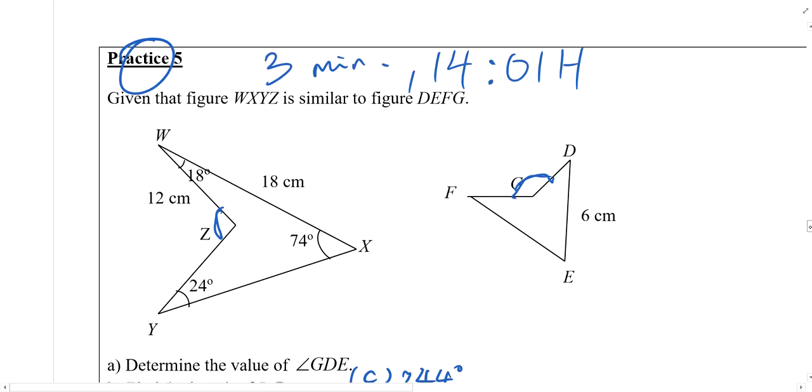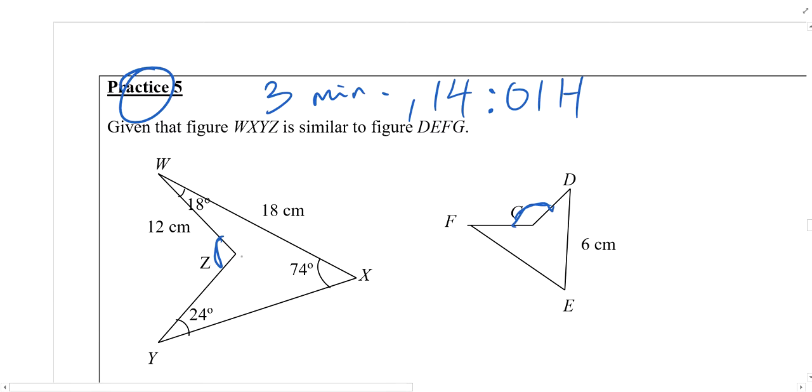Let us divide this. Okay, I can divide it this way. If this is angle X, then this must be, how much is this? 74 minus X, okay, minus X. Then, since this is X, how much must this be?